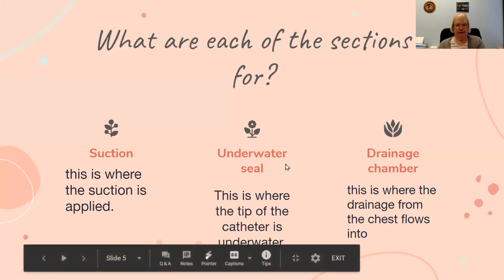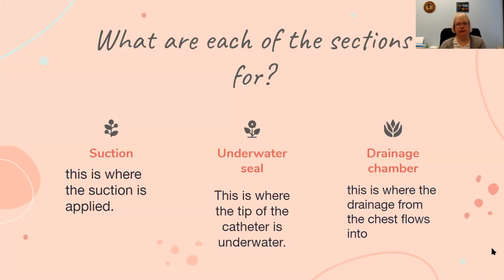The underwater seal, this is where the tip of the catheter is underwater, and that helps bring that negative pressure. If the chest tube itself isn't there, the lung will collapse if it's not healed, okay?